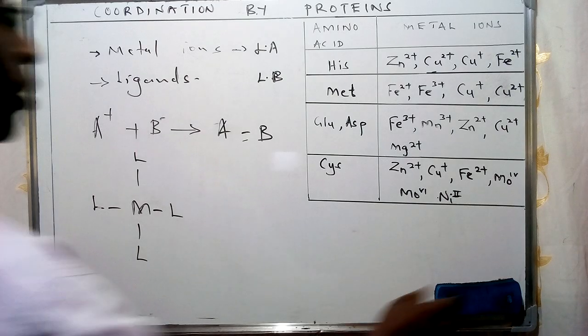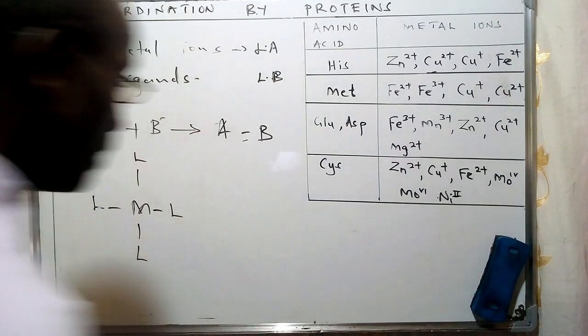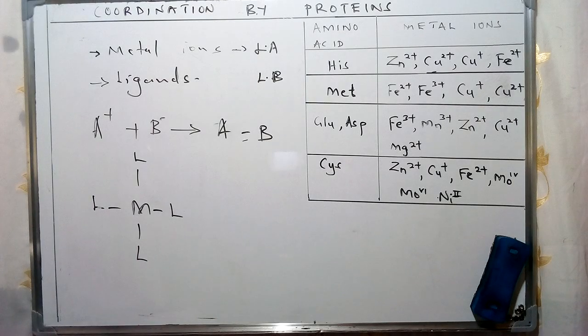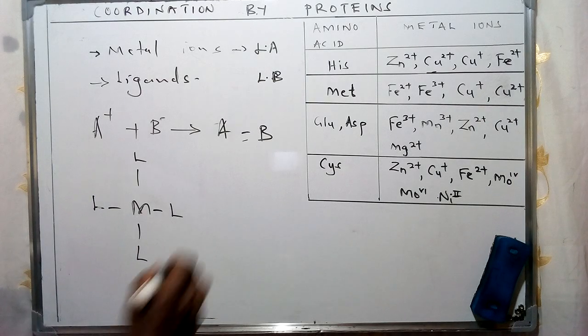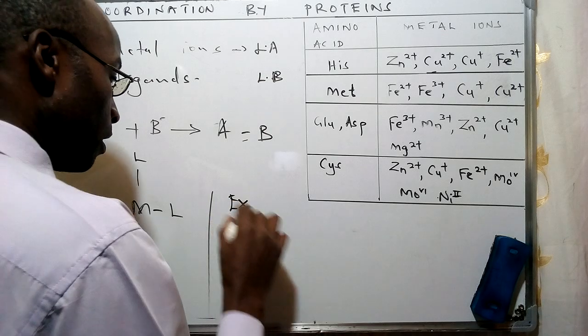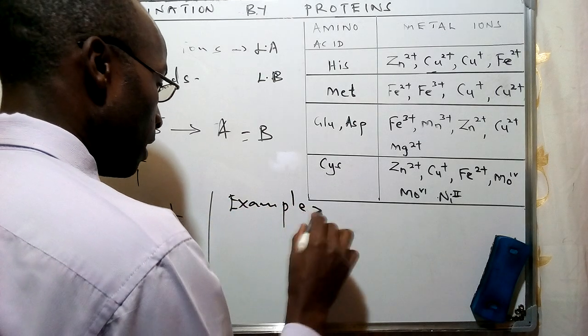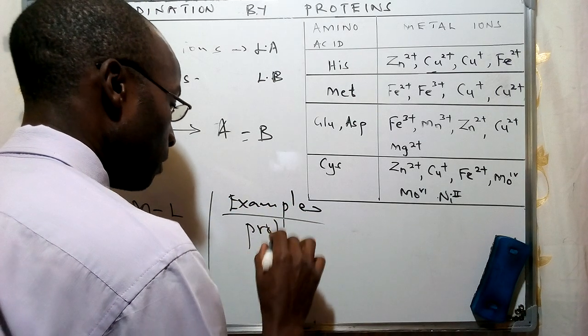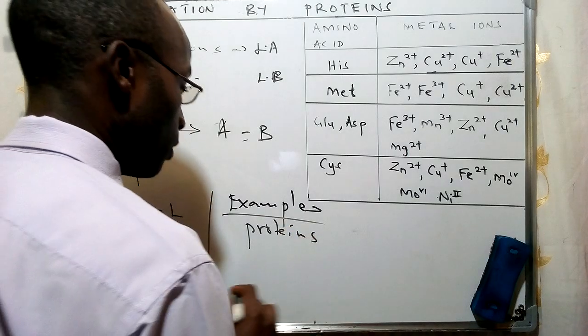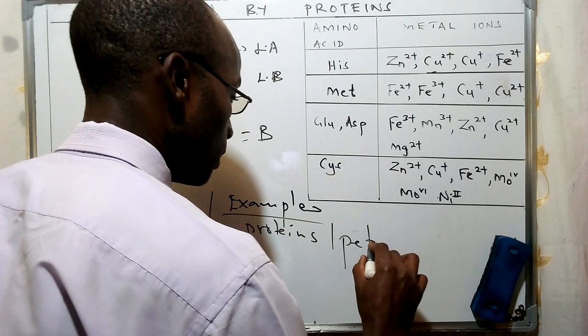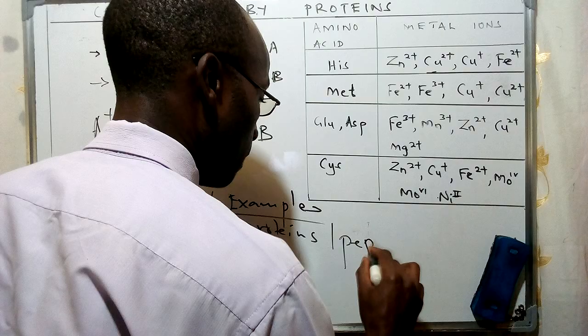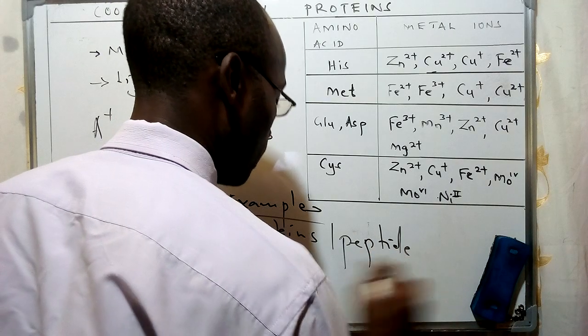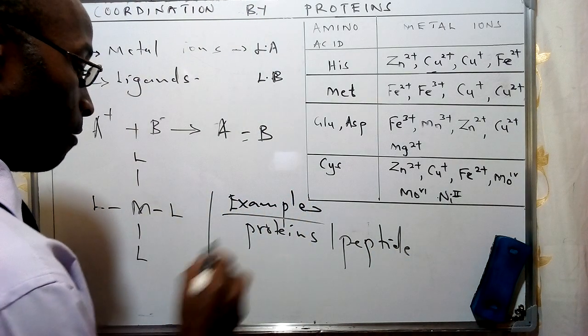In our last discussion, I mentioned a few important biological ligands, and we gave an example of these ligands as proteins, and peptides, which we said are a combination of two amino acids and more.